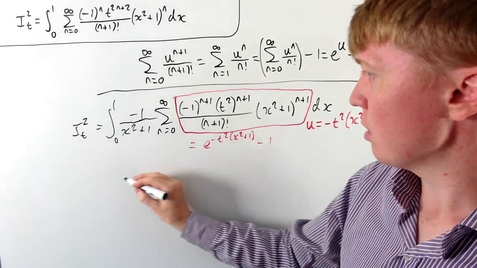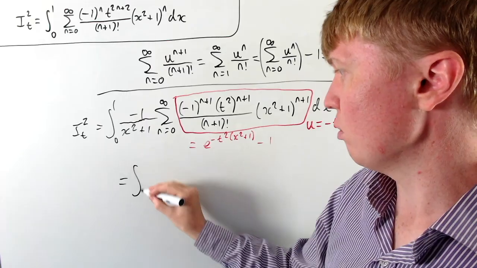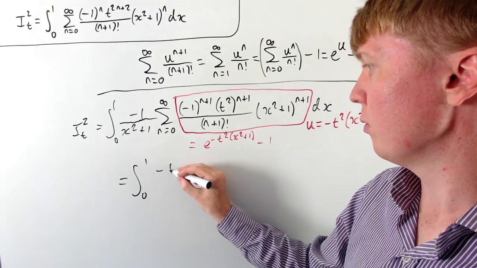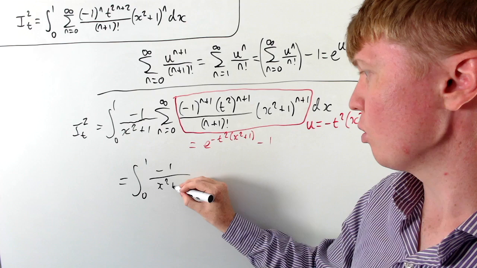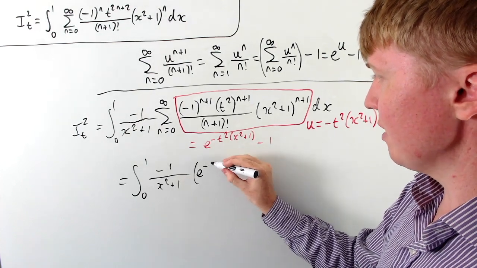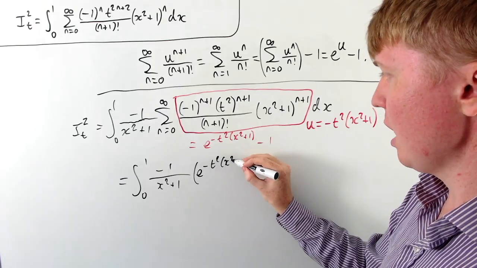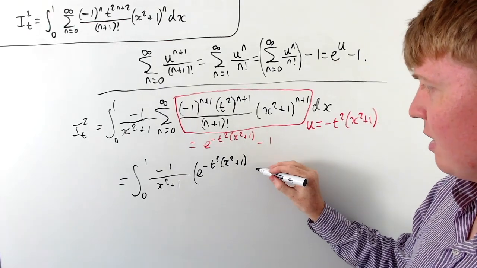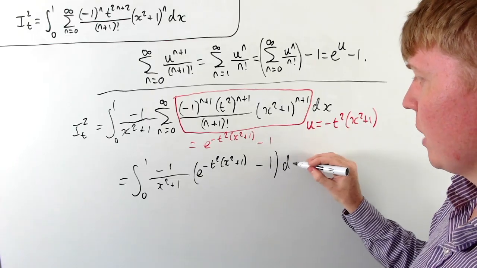So then we can rewrite this whole thing as equal to the integral from 0 to 1 of negative 1 over (x squared plus 1), and then we've just got in brackets now e to the negative t squared times (x squared plus 1), take away 1, with respect to x.